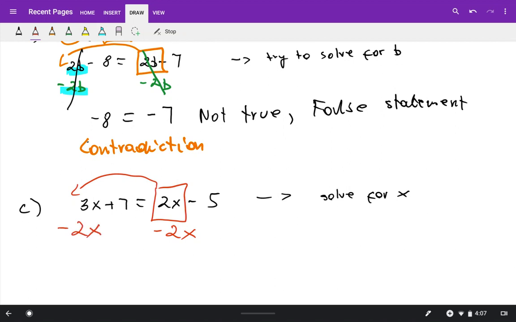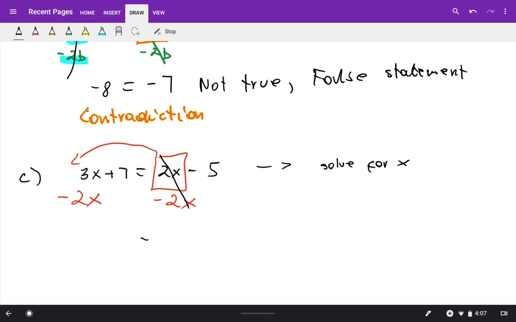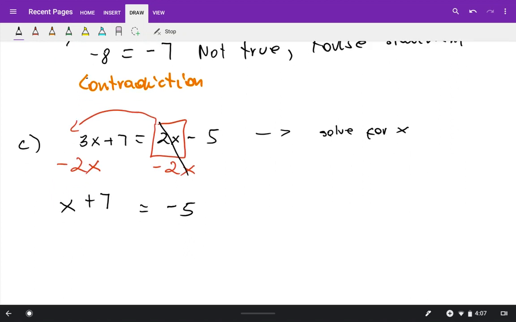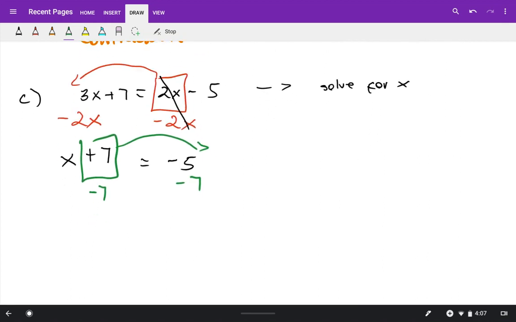On the right side, we only have negative 5, and on the left, 3x minus 2x is 1x plus 7. Now just solve for x. You see positive 7 on the left side and want to move it to the right side, so use the opposite and subtract 7 from both sides. That gives you x equals negative 5 minus 7, which is negative 12.